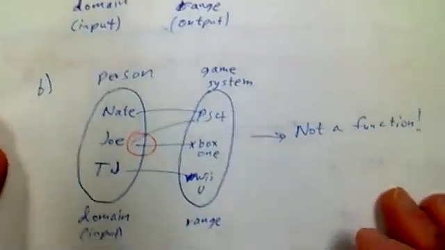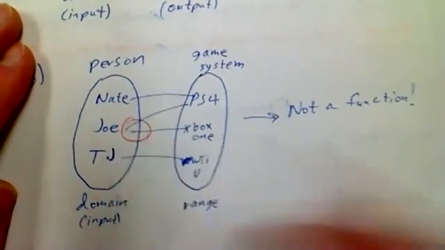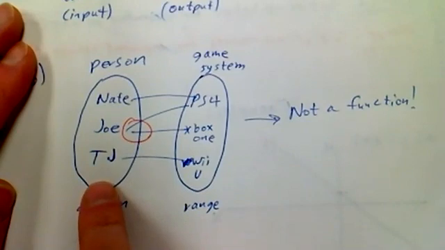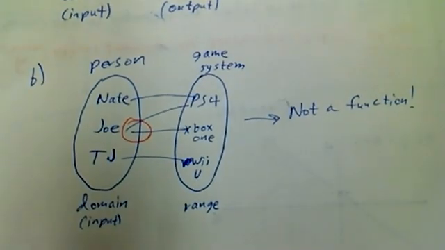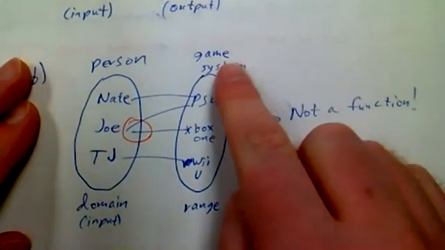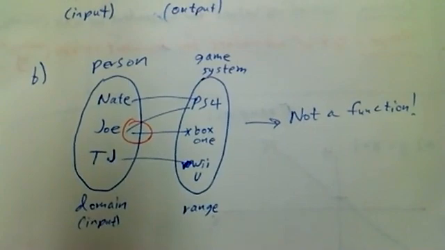Let's look at this one now. In this example, we have people over here, three of my friends, Nate, Joe, and TJ, okay? That's my domain, my input, right? So give me a person and I'm gonna give you an output, the range, okay? And this is their gaming system. So Nate has a PS4, TJ has a Wii U, okay?